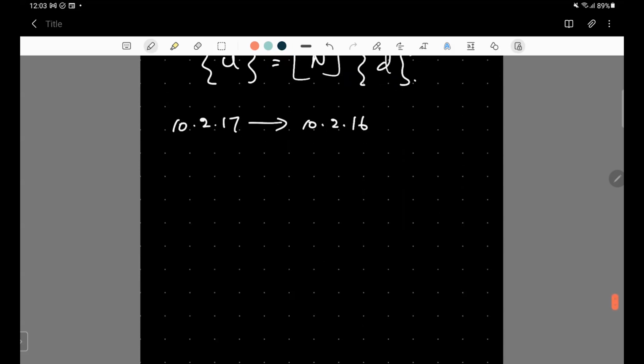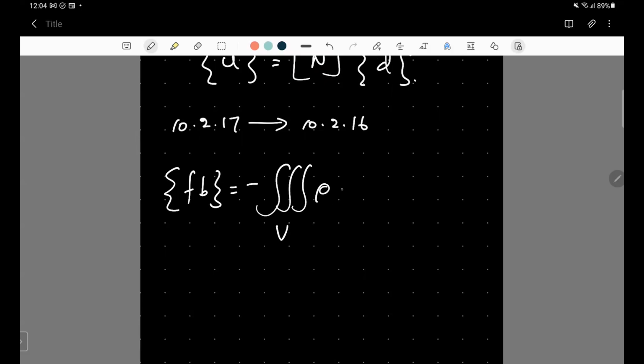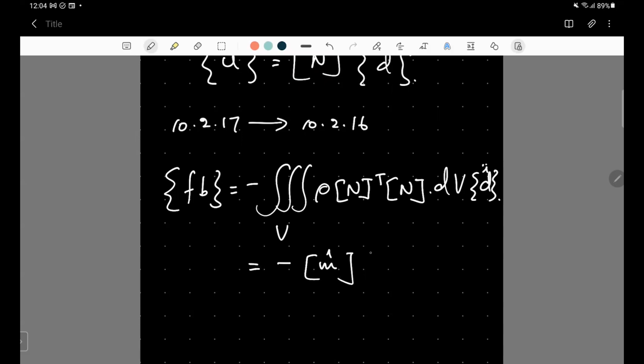Yes, we get the body forces applied equal to the triple integral, the volume integral, of mass density times the transpose of the shape function times the shape function dV, multiplied by the acceleration term, which is equal to minus m hat times d hat double dot.